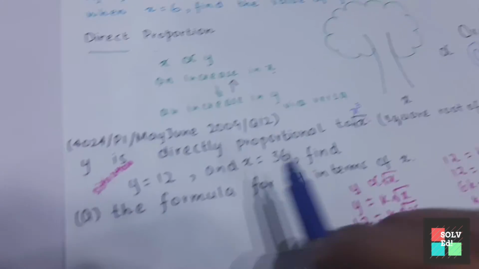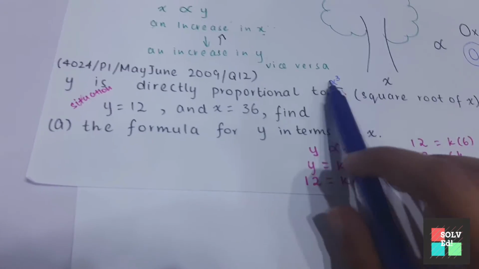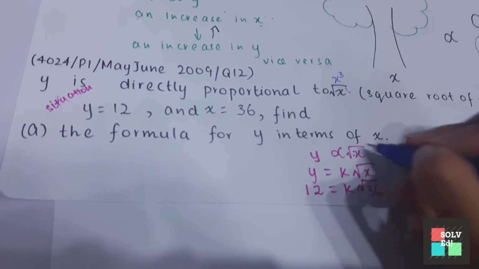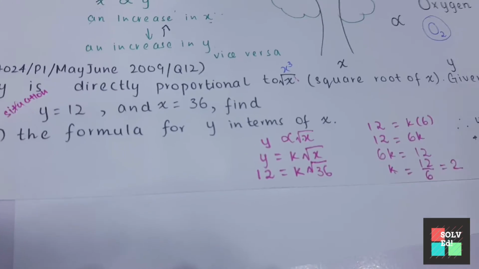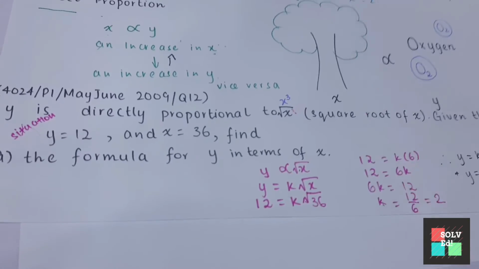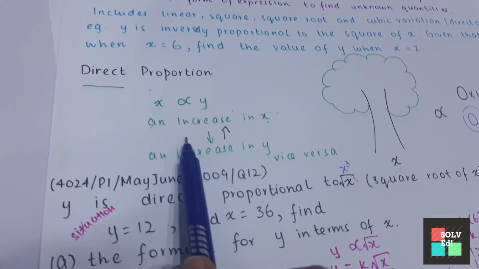So that would imply the same method. What you would only do is replace this square root of x with x cubed, and that will lead to a very different answer, but it's essentially the same thing.